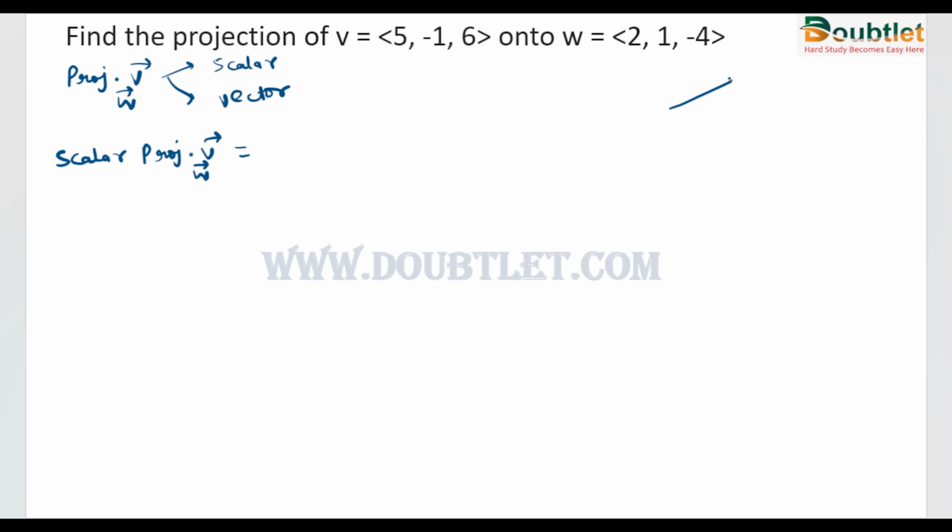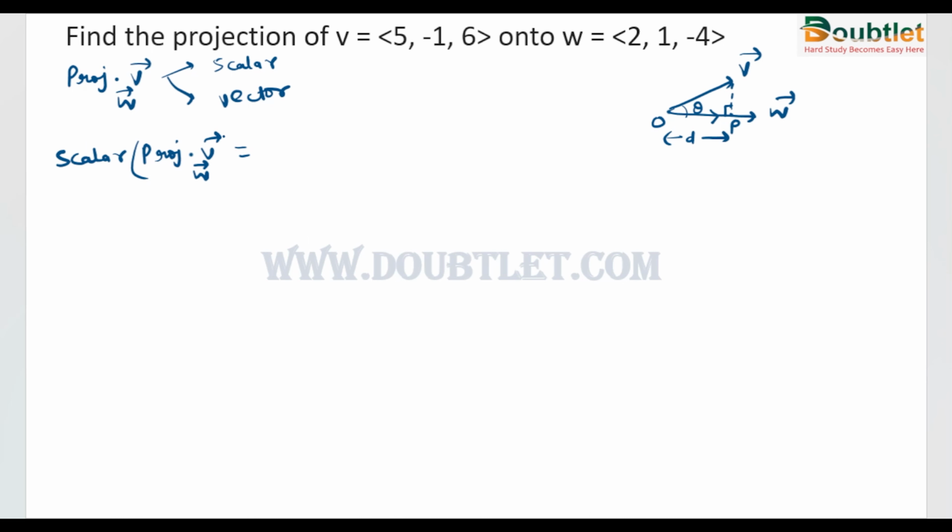If we draw a v vector here and this is w vector, and there is angle theta between them and these intersect at point O. If we draw a perpendicular from v onto w and suppose this intersects at point P, then the distance between O and P is known as the magnitude of the projection vector and the direction of this OP is along w vector. So this direction is known as the vector projection of v on w.